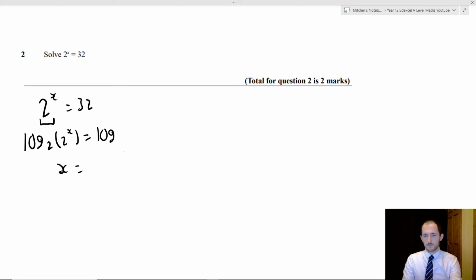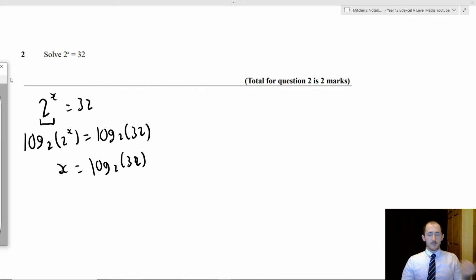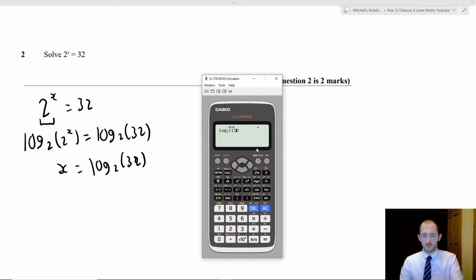Let's quickly do that. x equals log base 2 of 32. And again, you can use a calculator, but hopefully you should know this one. It's 5.